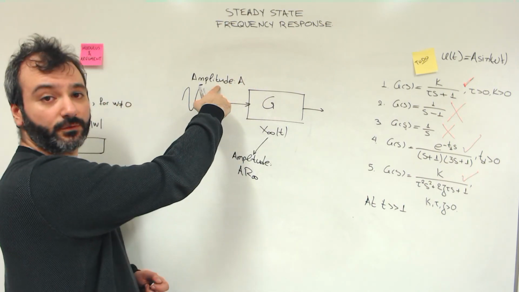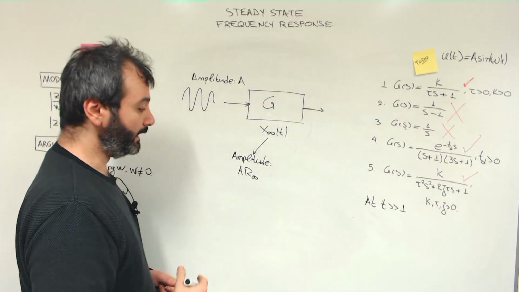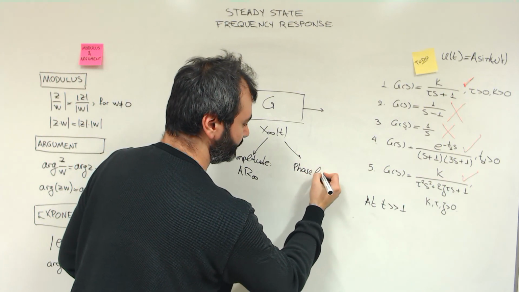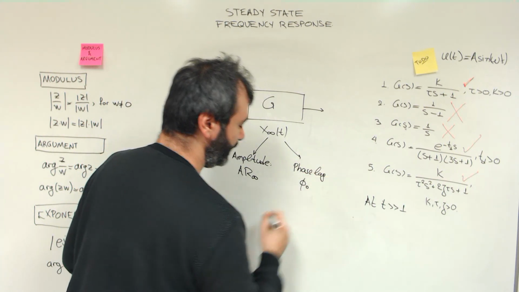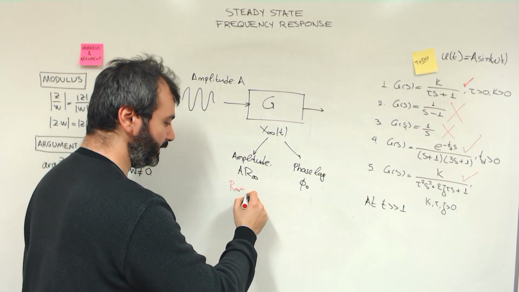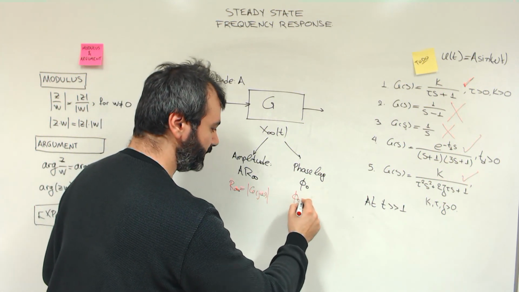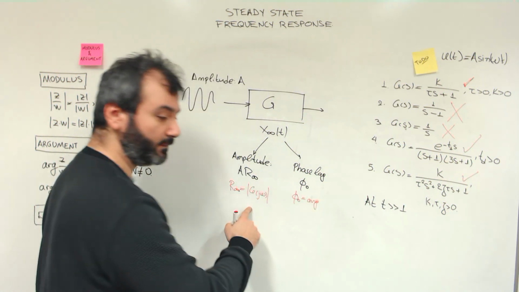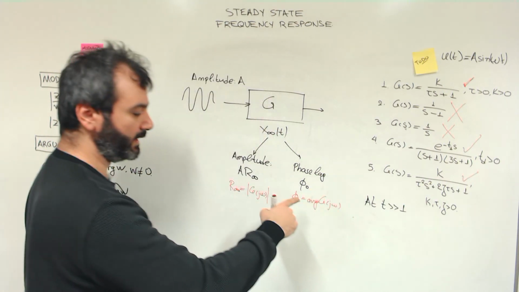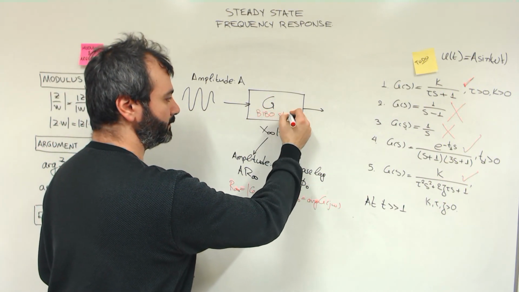If the amplitude of your input is a, the amplitude of your output will eventually be a times r infinity, and it will have a phase lag phi 0. And once again, the amplitude ratio is the modulus of G at j omega, and phi 0 is the argument of the same quantity, the argument of G at j omega. All that, of course, provided that G is BIBO stable.